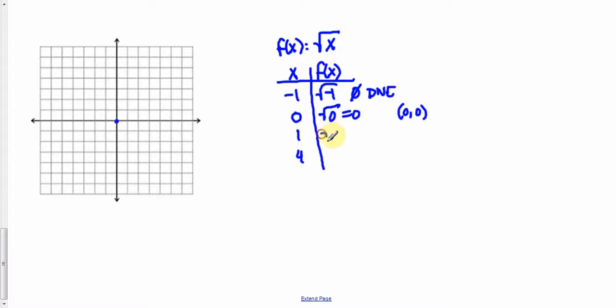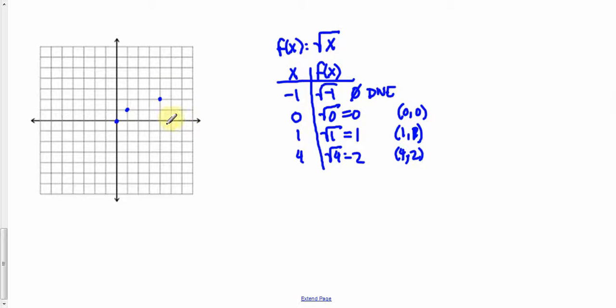Then I'm going to put 1 into the function. What's the square root of 1? 1. So this ordered pair is 1, 1. What's the square root of 4? 2. So this ordered pair is 4, 2. So 0, 0, 1, 1, 4, 2.